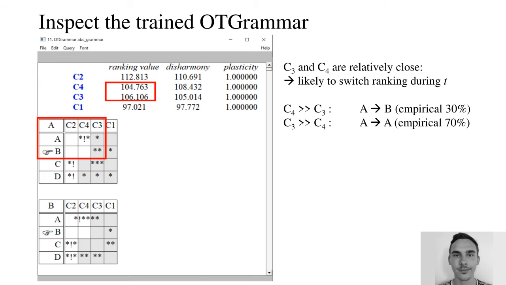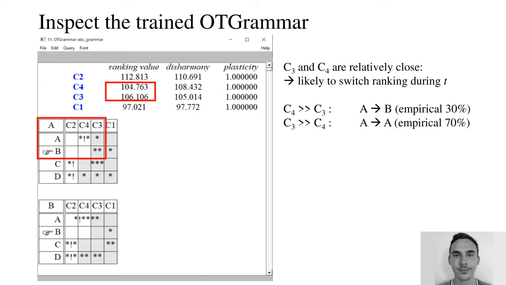If we look at the first tableau that has A as an input, we can see that the ranking of C4 dominating C3 results in B being the optimal candidate, because C and D already violate the highest ranking constraint C2, and the only other competing candidate A fatally violates C4.